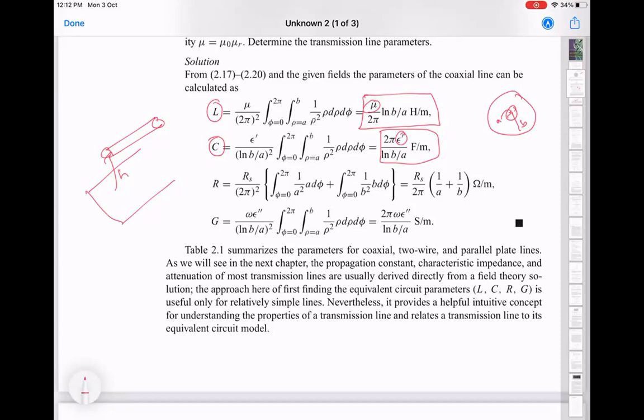So you can now figure out, if you have a fixed outside dimension, how the inductance per unit length and capacitance per unit length change depending on the center diameter of the coaxial. Now, usually coaxial systems are not constructed as a custom thing in a lab, because you buy these cables and everything is 50 ohms.